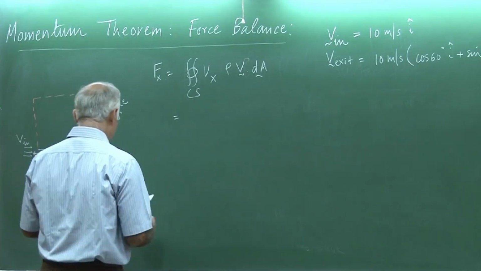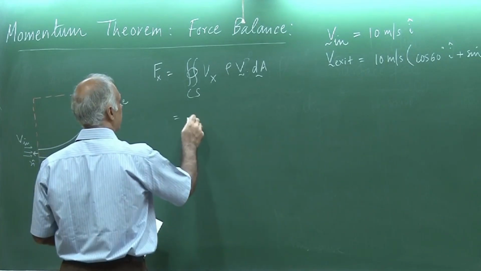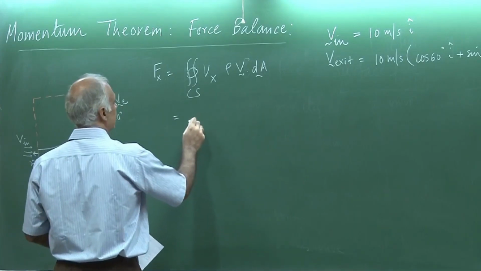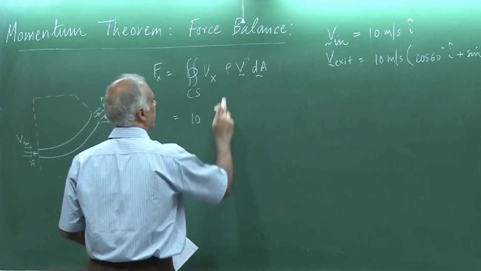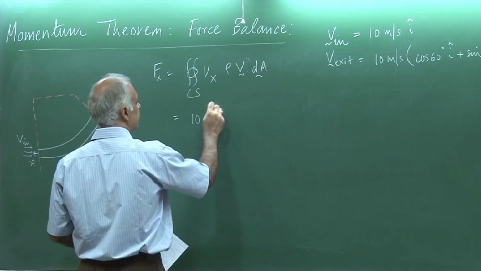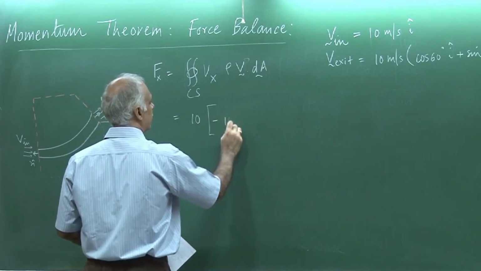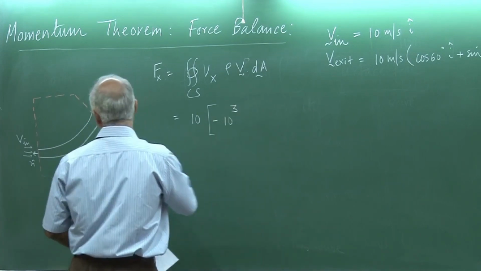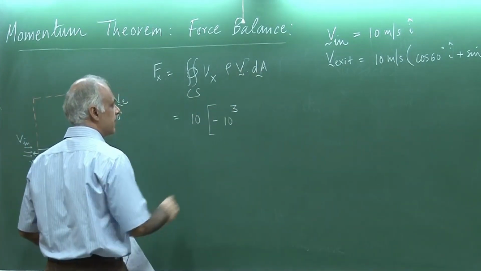So, I would now like to evaluate this term, and that would be given as, first the inlet. So, that would be 10 meter per second, and as far as rho V dot dA is concerned, this would have a negative sign. So, rho is 10 to the third because I am at the inlet. As I said, n and V are in the opposite direction.